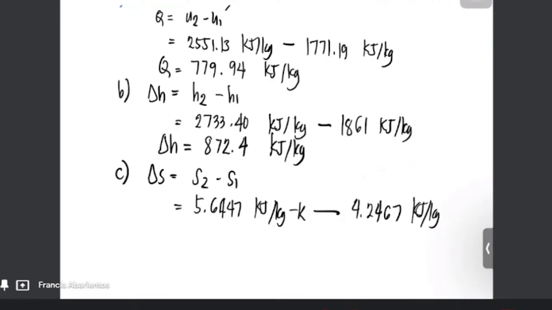What is now the entropy? Wow, dali-dali. Class mag-solve. 447 minus 4, 2767. Thank you, class. So, 1.398 kilojoule per kilogram Kelvin.